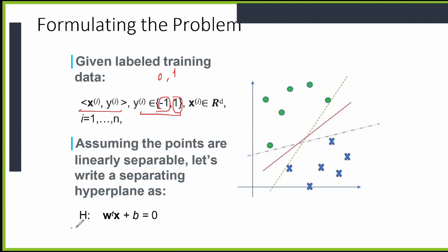And we're trying to find a hyperplane that best separates the data.